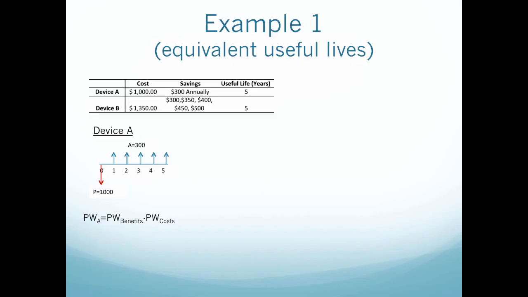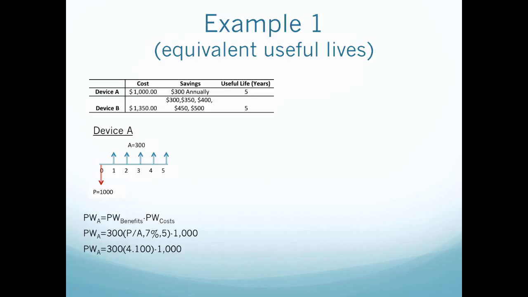Okay, so I write my present worth formula. I just say subscript A because that refers to device A. So the present worth of device A equals the present worth of my benefits minus the present worth of my costs. I have $300, which is my A, times P given A, comma 7% for 5 years, minus my cost, which is $1,000.